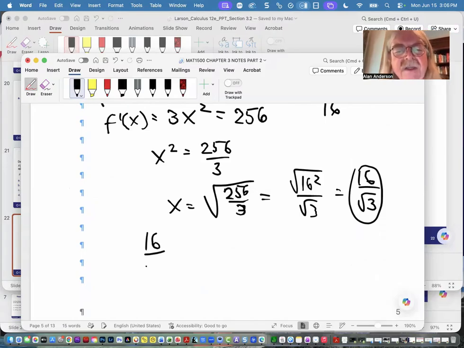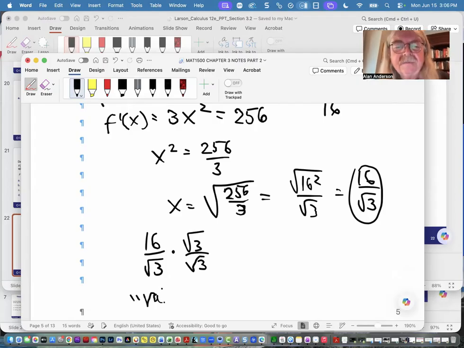Normally, the convention is to avoid having radicals in the denominator. So we can fix this up by applying a process called rationalizing the denominator. I'm sure you've done this before.